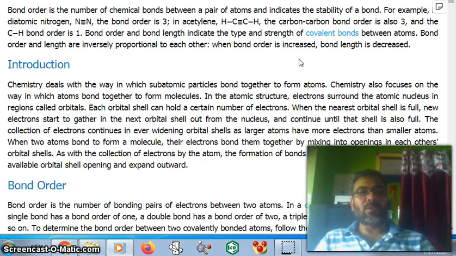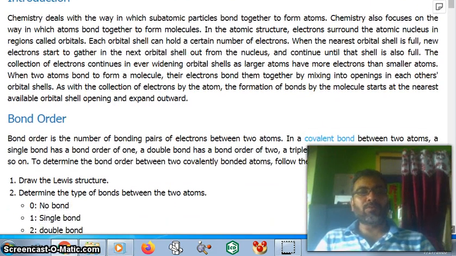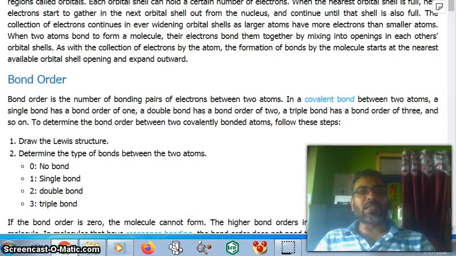When two atoms bond to form a molecule, their electrons bond them together by mixing into openings in each other's orbital shell. As with the collection of electrons by the atoms, the formation of a bond by the molecule starts at the nearest available orbital shell opening and expands outwards. So, bond order is the number of bonding pairs of electrons between two atoms.